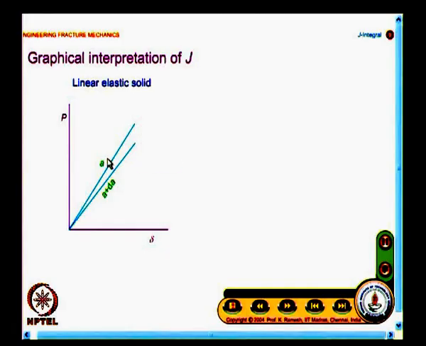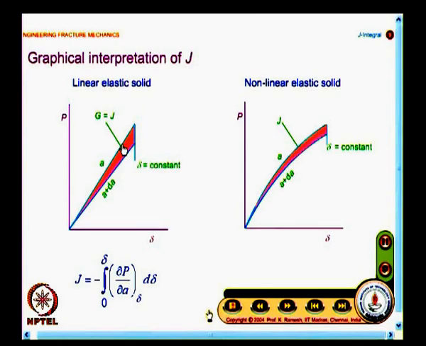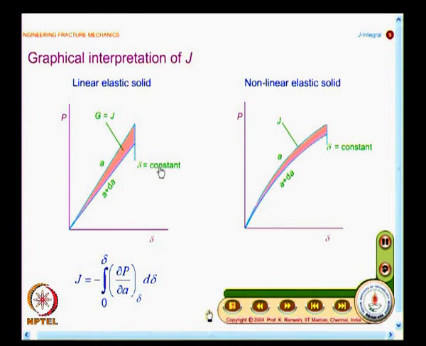In linear elasticity, we know what is G. I have a specimen with crack of length a, another specimen with crack of length a plus delta a. Whatever is the shaded portion is the energy availability for crack to grow, and this you call as G, which is also equal to J. And we have looked at constant displacement and constant load, and we have also argued whether it is constant displacement or constant load, the energy availability is same in the limit when the incremental value of crack growth is as small as possible.